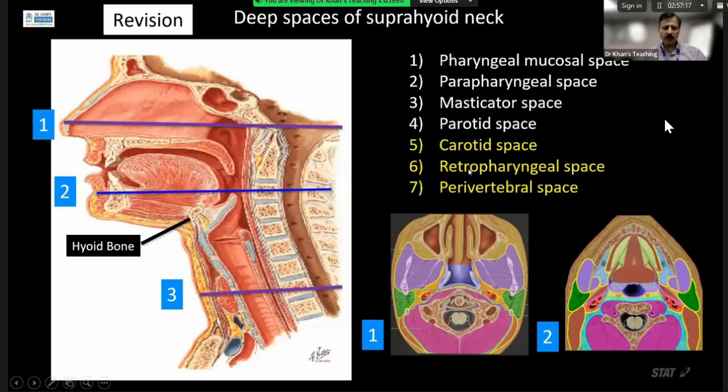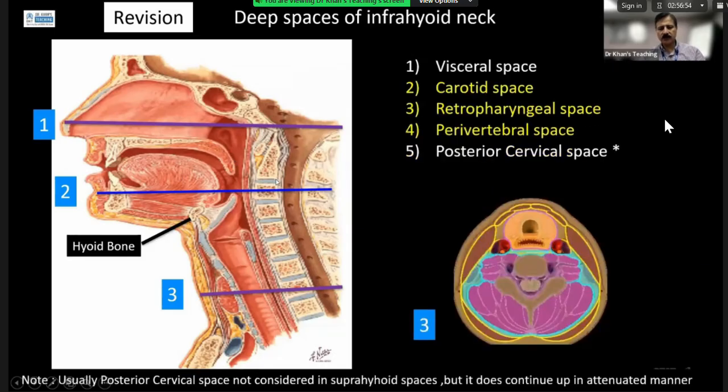So carotid space, retropharyngeal space, perivertebral space, it is present in infrahyoid as well as suprahyoid neck. Today, we are going to cover a bit of masticator space as well as parotid space, in addition to the oral cavity and paranasal sinuses.